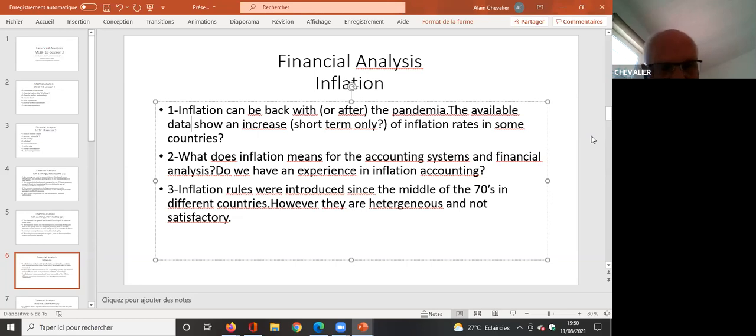Because if you go to point 2, you will understand that inflation has consequences on the accounting system. It means, for example, that you bought production equipment 3 years ago.